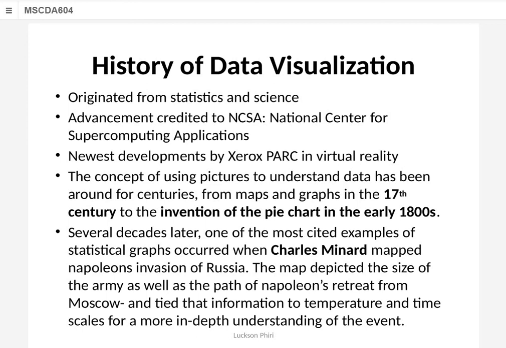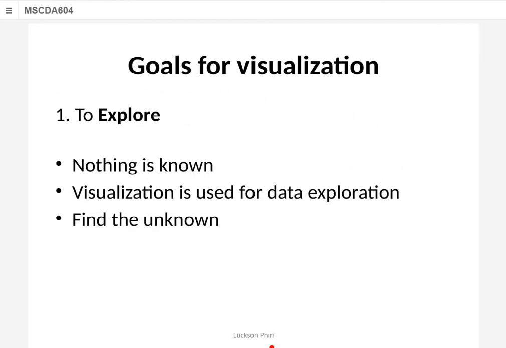If we look back to the World War, we can see that Charles Minard mapped Napoleon's invasion of Russia, and the map depicted the size of the army as well as the path of Napoleon's retreat from Moscow. They presented that information visually for people to understand, and people were able to understand the event and what Charles Minard wanted to do.